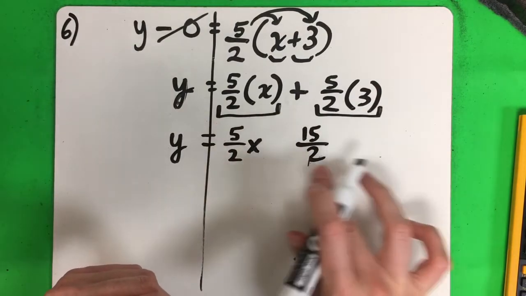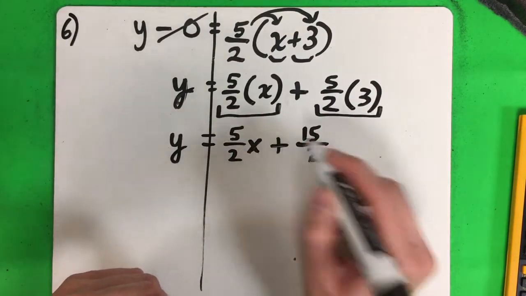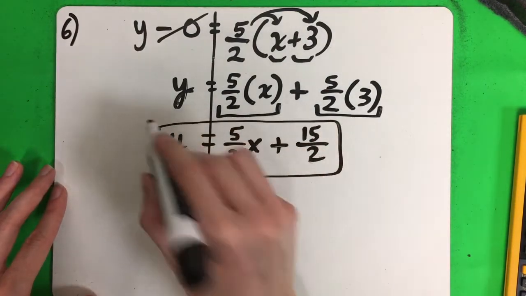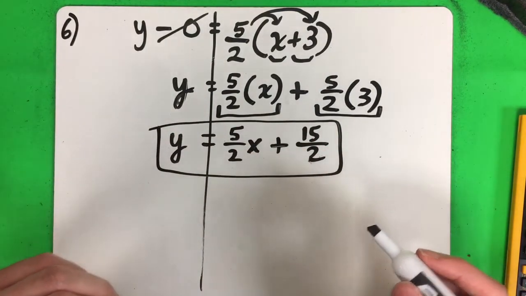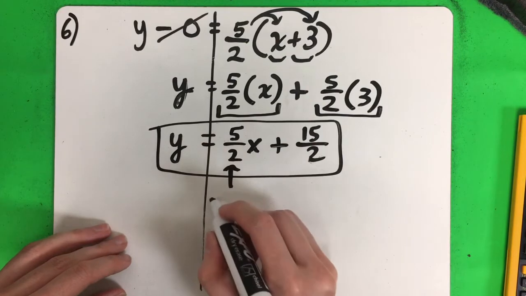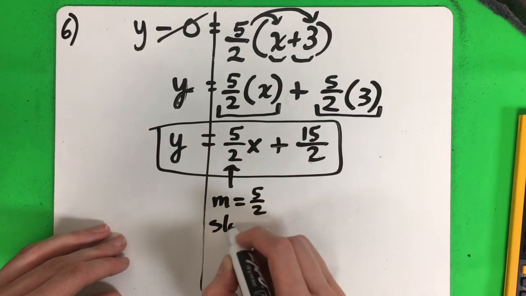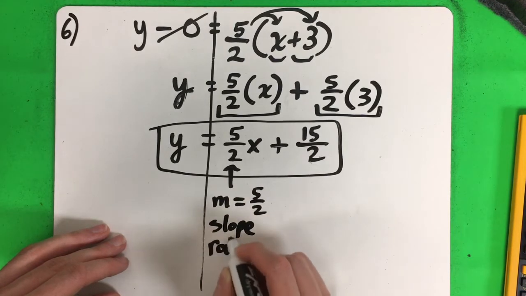I need a sign, so it's positive. There it is in slope-intercept form. What is the slope? Well, the slope here is m. That's the slope, or the rate of change.